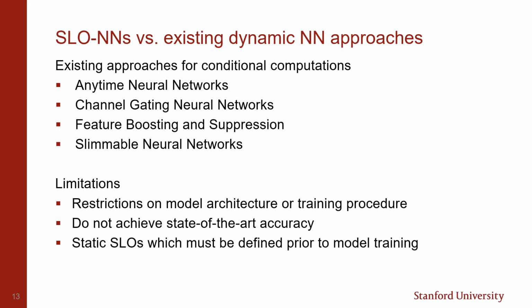Further, they may not achieve state-of-the-art accuracy. And finally, SLOs for these techniques must be expressed prior to training the model. Each of these limitations is not exhibited by SLONNs because the auxiliary facilities of SLONNs are added post-training or post-deployment of the model.